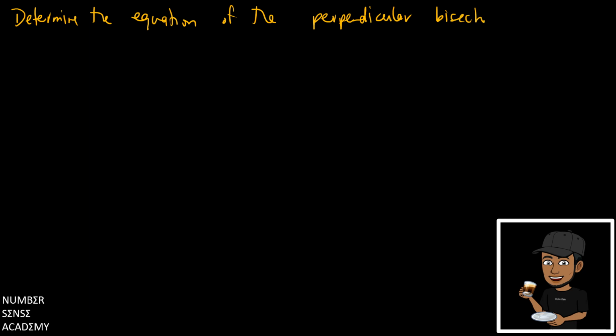So let's do this example. It says determine the equation of the perpendicular bisector of a line segment with the following endpoints.